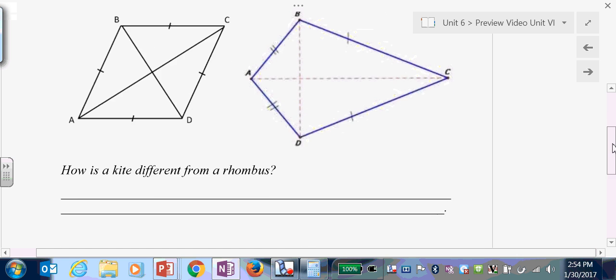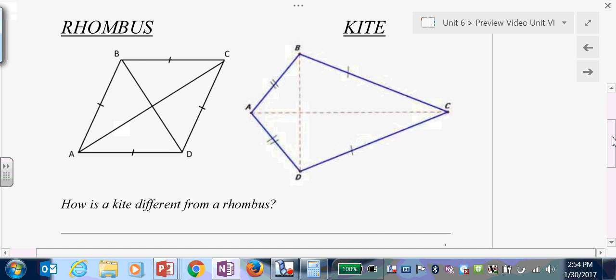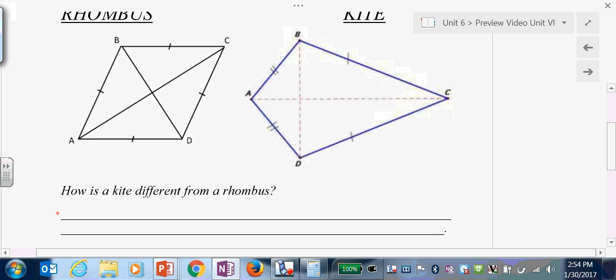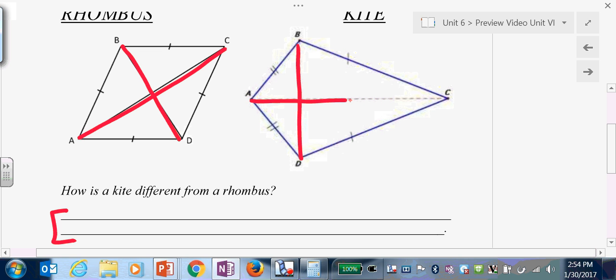Now knowing this, we need to do a few comparisons. A rhombus is on the left and a kite is on the right. I'll tell you how they're the same. Drawing the diagonals, you have perpendicular diagonals.